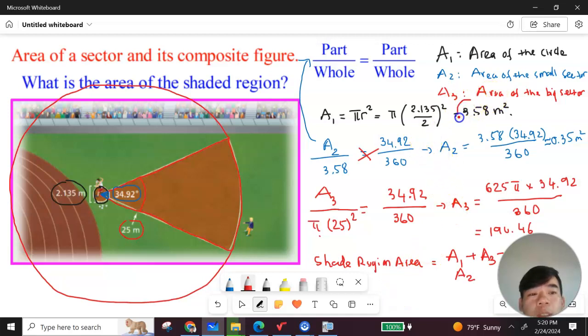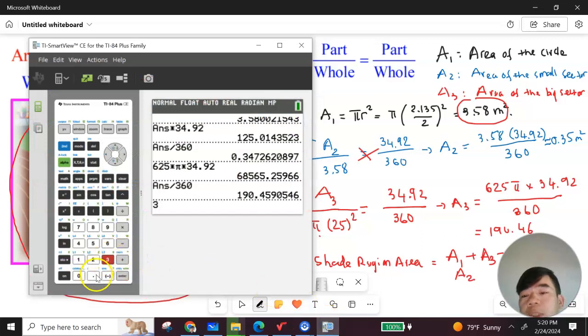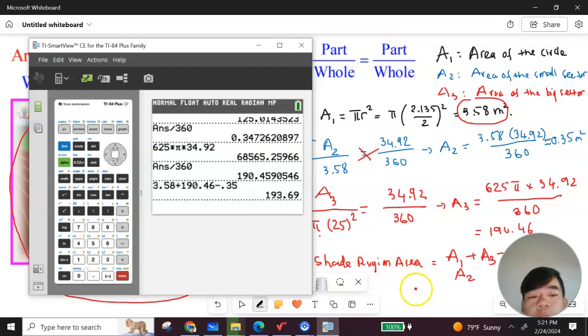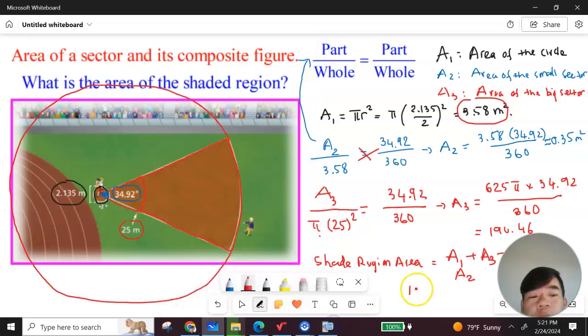A1 equals 3.58, plus A3, 190.46, and then you subtract 0.35. The answer is 193.69 square meters.